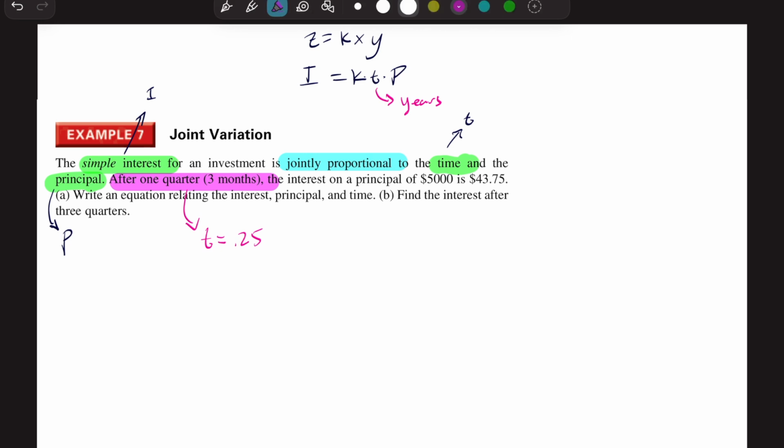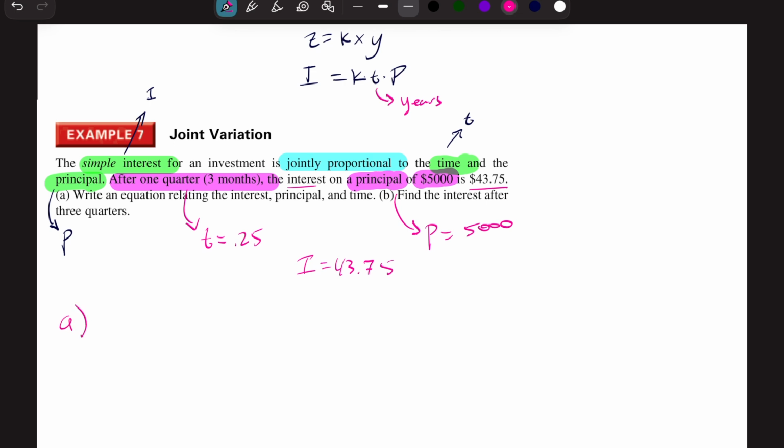The interest on a principal of 5,000. Okay, so principal P is 5,000. And I, the interest, note, is 43.75. So I is 43.75.